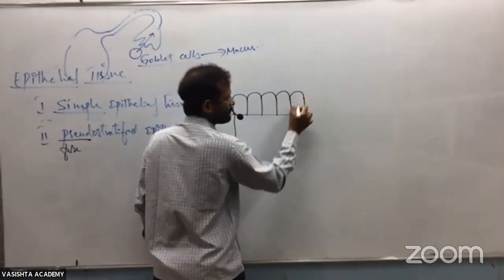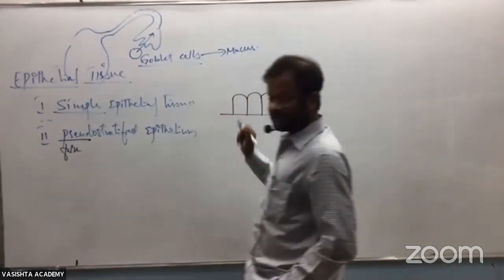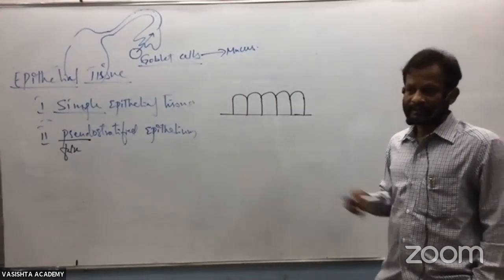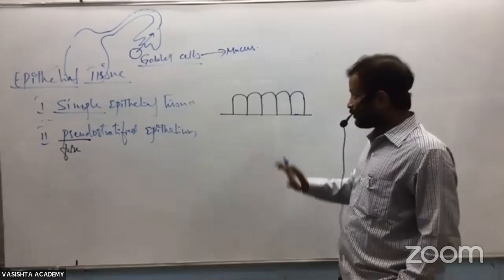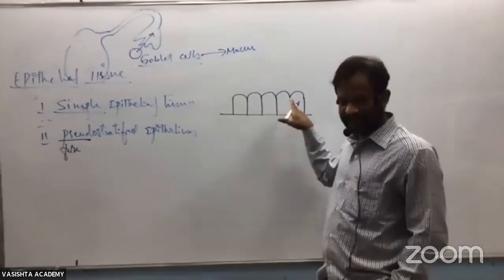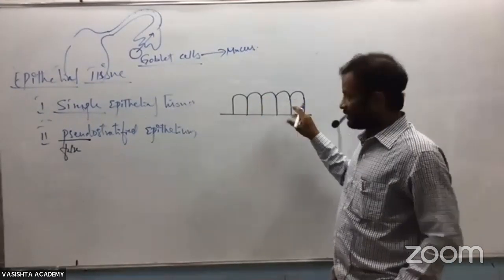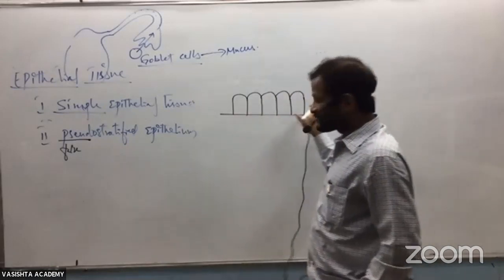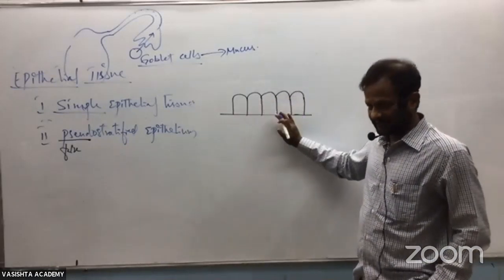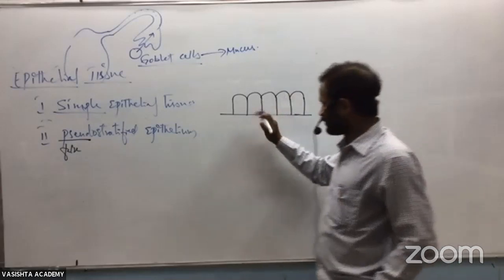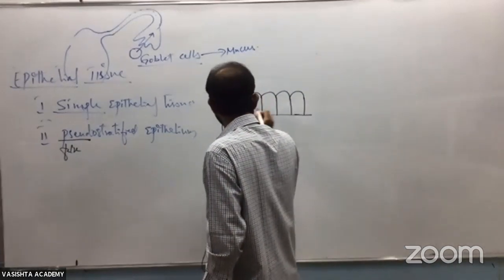What type of epithelium is that? That is columnar. No doubt, because that is a cylindrical cell. So now all the cells are present in a single layer. That is simple. Now I will add some other structures.